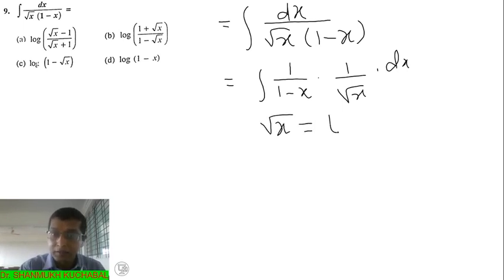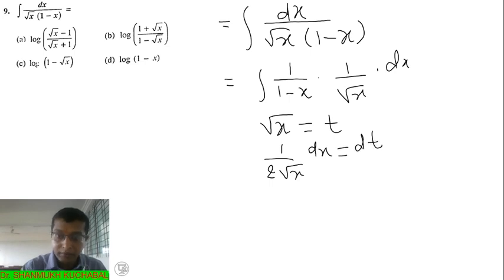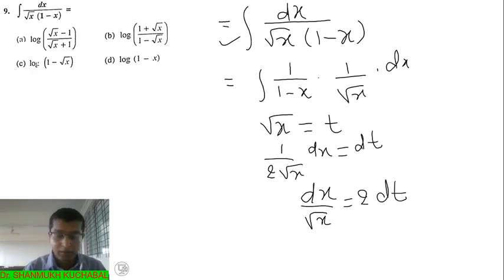We use the method of substitution, root x as a new variable t. If you differentiate this one, 1 upon 2 root x into dx equal to dt. Okay, so 1 upon root x we get, 2 is not there in this expression, so we will transport it, so we get dx divided by root x equal to 2 times dt.